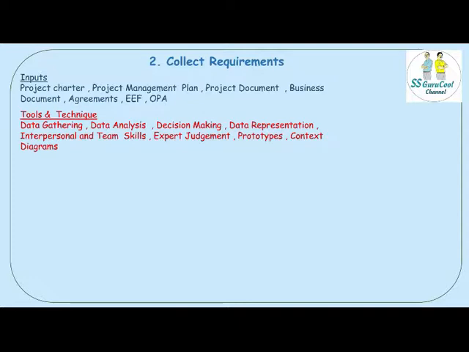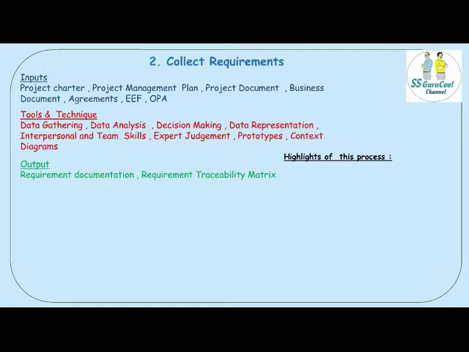The tools and techniques list is pretty exhaustive for this process: data gathering, data analysis, decision making, data representation, interpersonal and team skills, expert judgment, prototypes and context diagrams. The outputs are requirements documentation and the requirements traceability matrix.